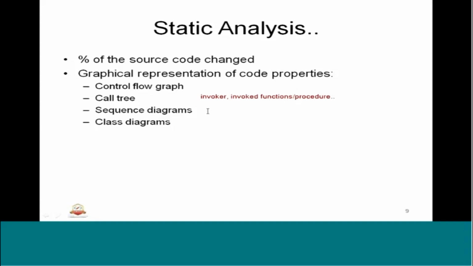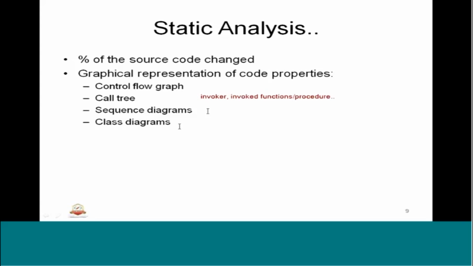Then we have different events and sequences that are part of the embedded execution, so sequence diagrams will be there, which are useful for static analysis. All these parts of the code properties are different architectural inputs, such as class diagrams.